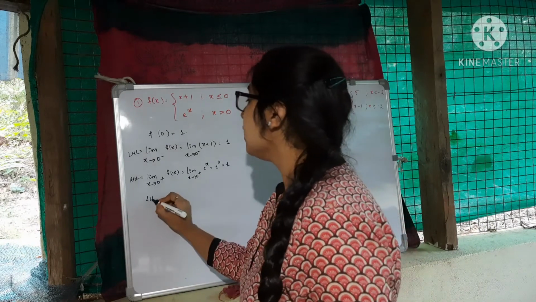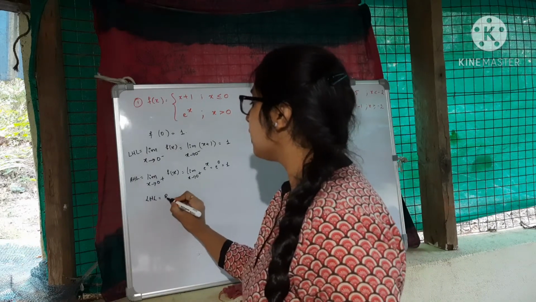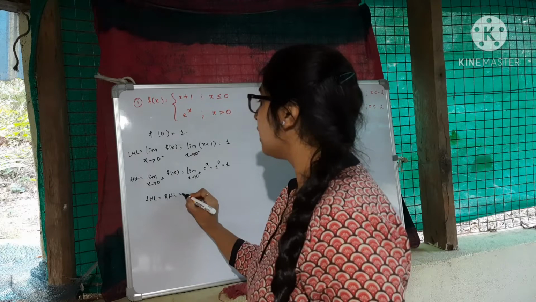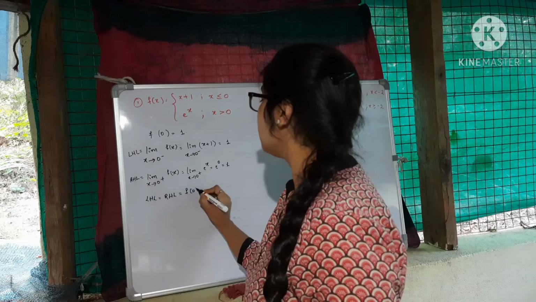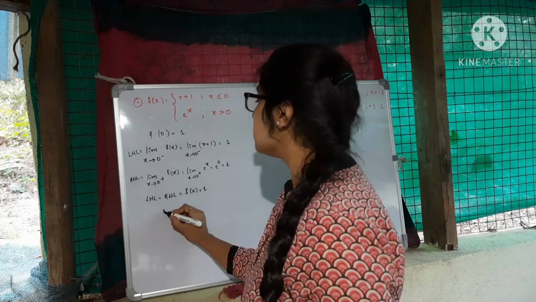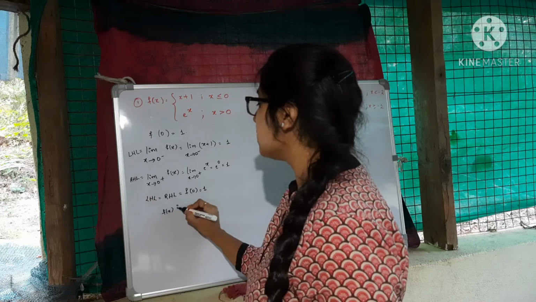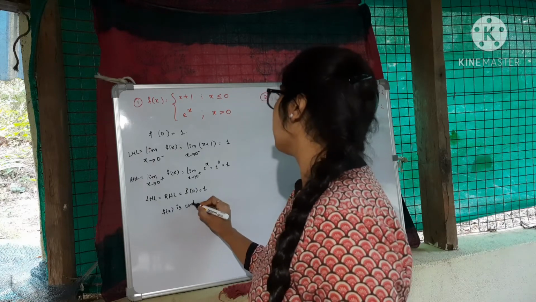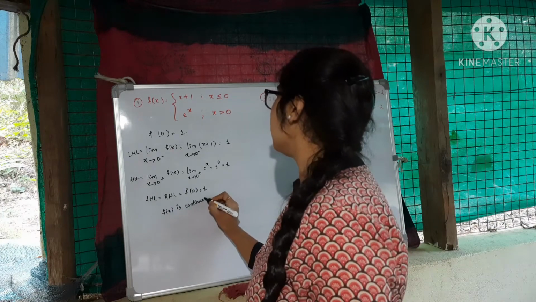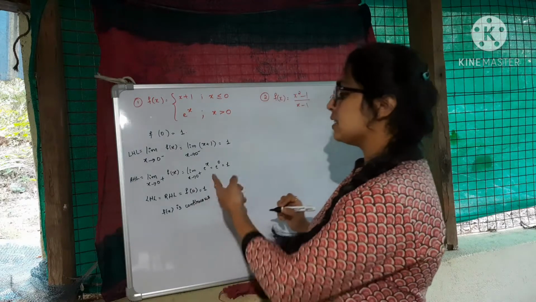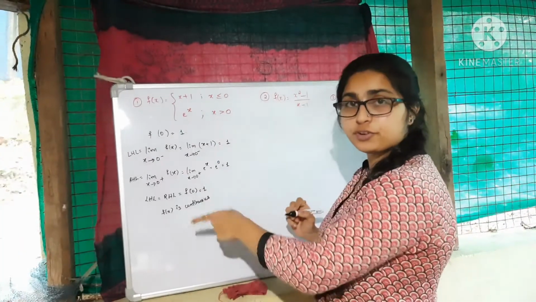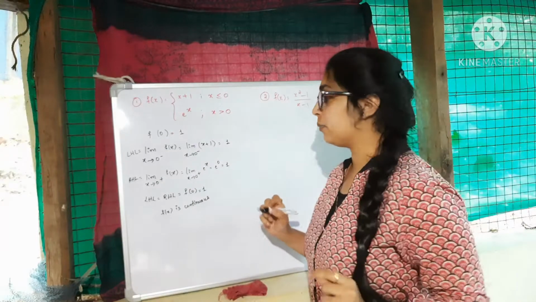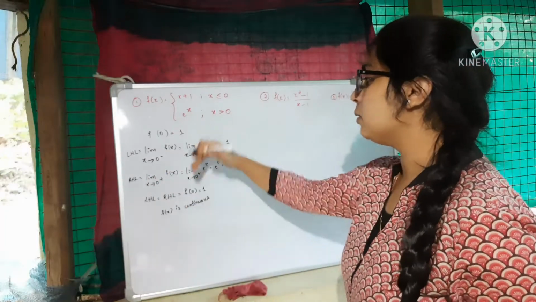So you can say the left hand limit is equal to the right hand limit, which is equal to f of 0, which is equal to 1. So this function f of x is continuous, from both left and right at the point 0.